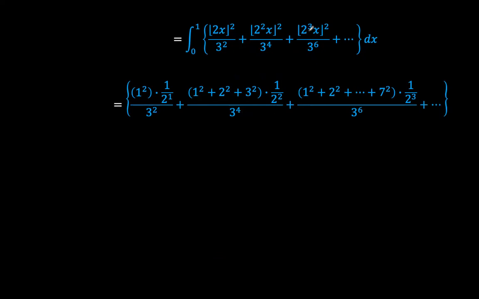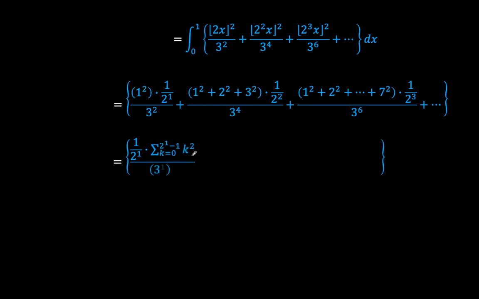And then for the floor function of 2 to the power 3 x squared, it will be 1 squared plus 2 squared plus so on up to 7 squared times 1 over 2 to the power 3 over 3 to the power 6. So that's how you would go ahead.